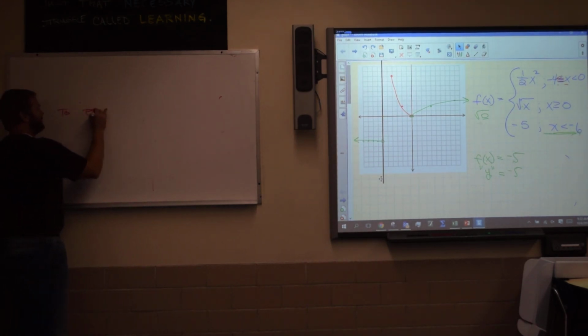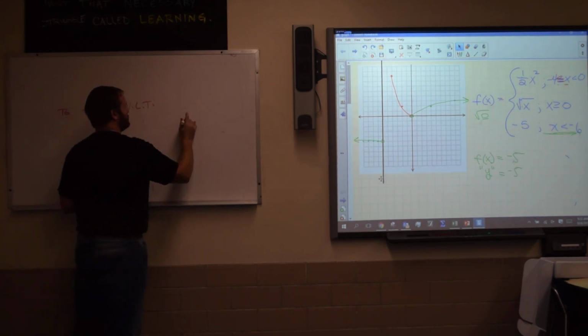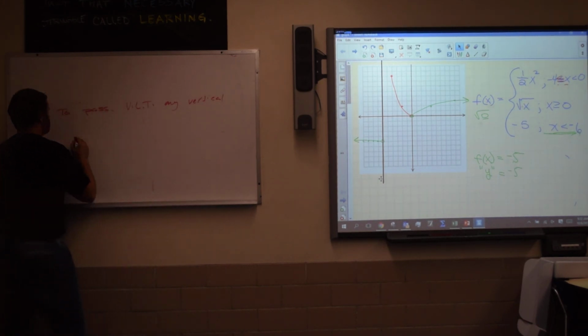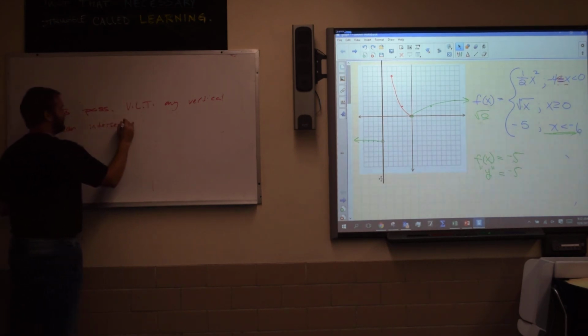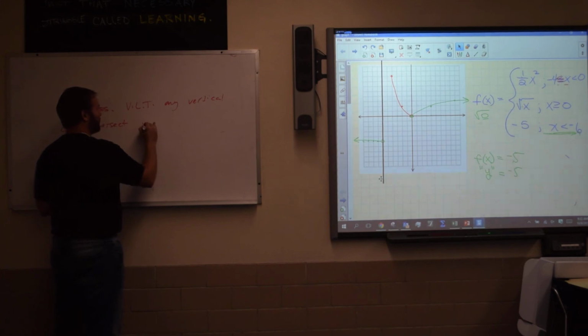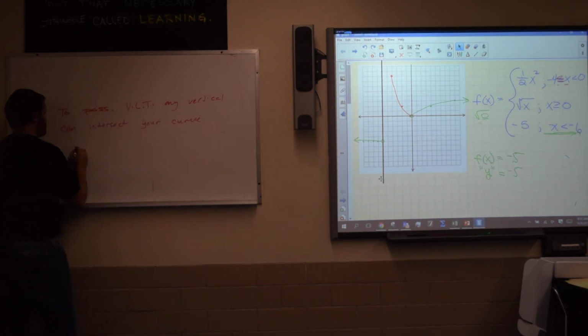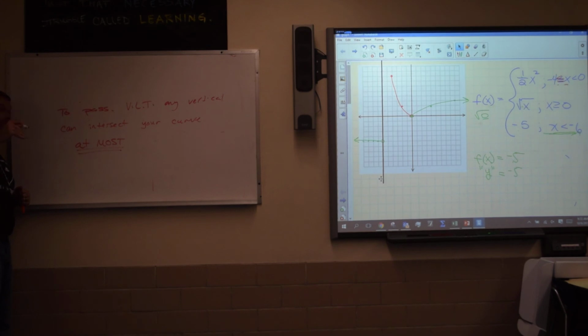to pass the vertical line test, any vertical line can intersect your curve at most once. At most 1 being the limit, right? You can't go over that.